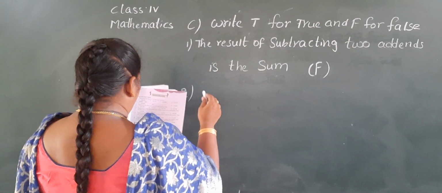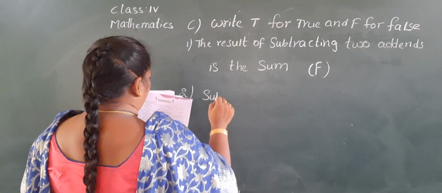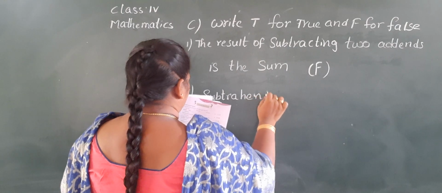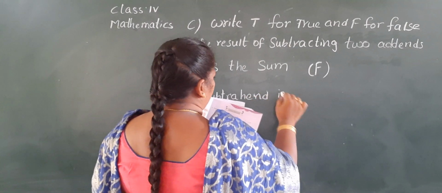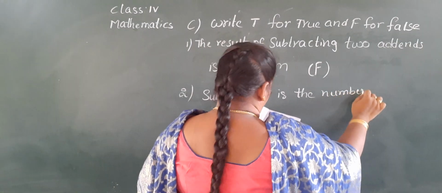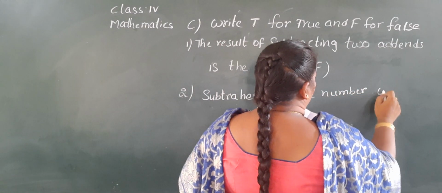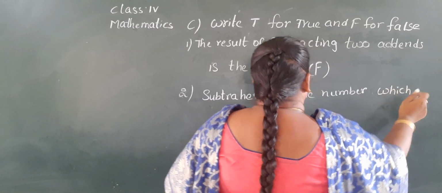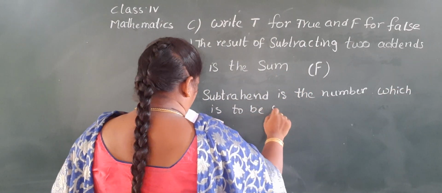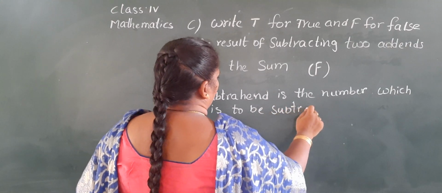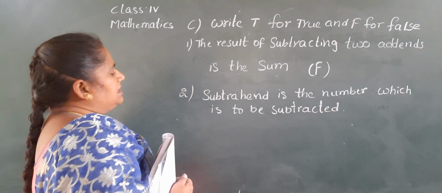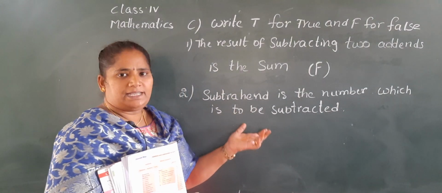Subtrahend is the number which is to be subtracted.